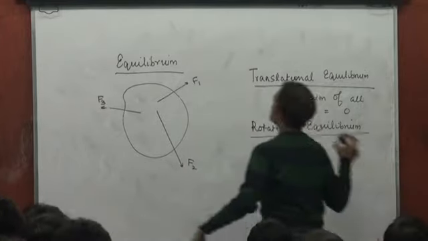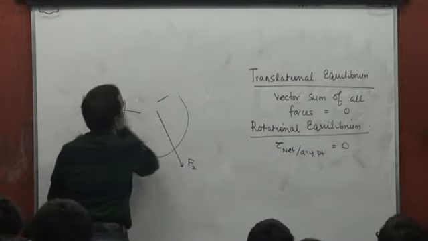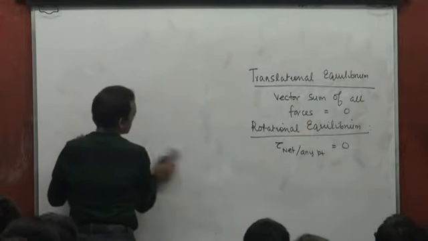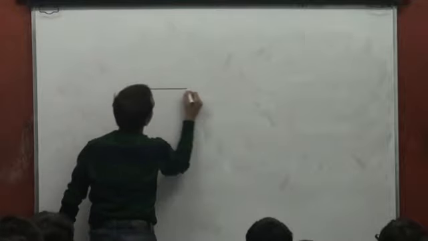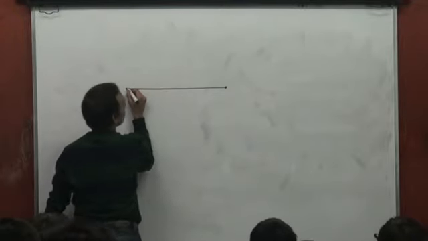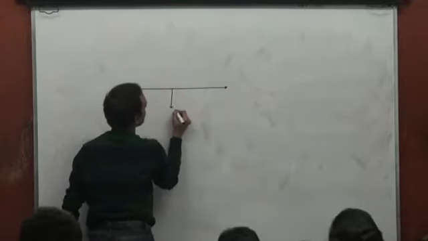Now, say there is a rod of mass m, uniform rod of mass m.